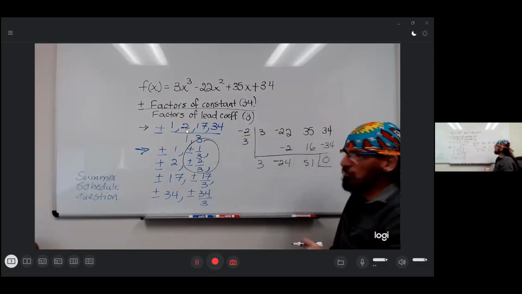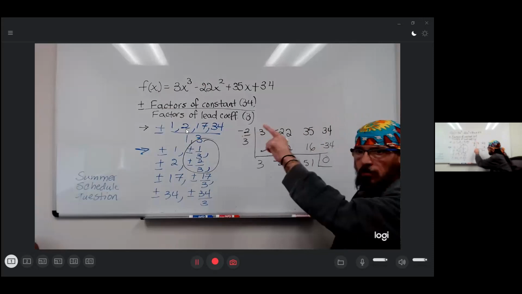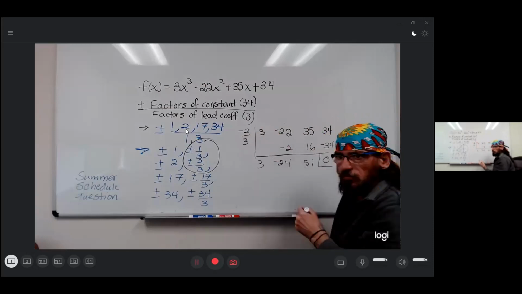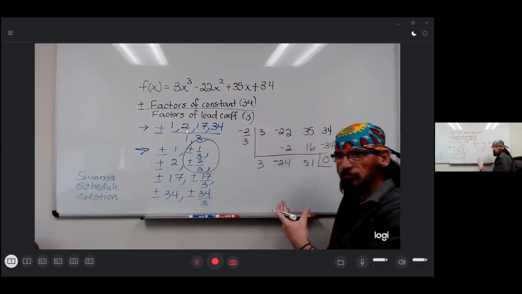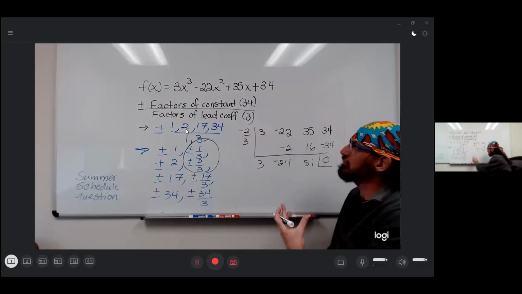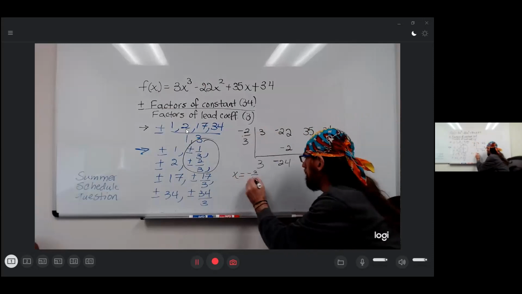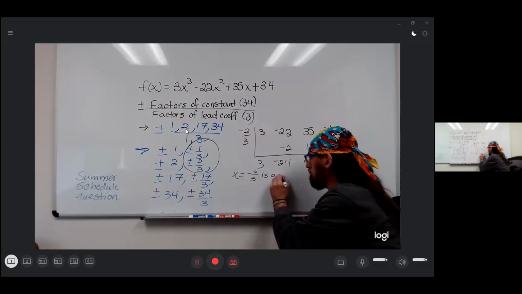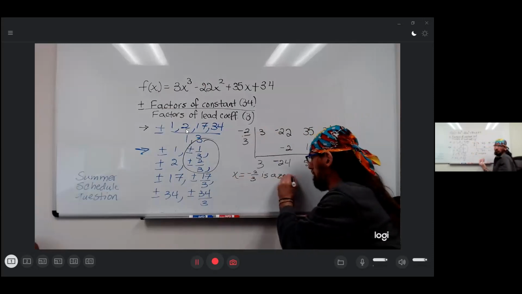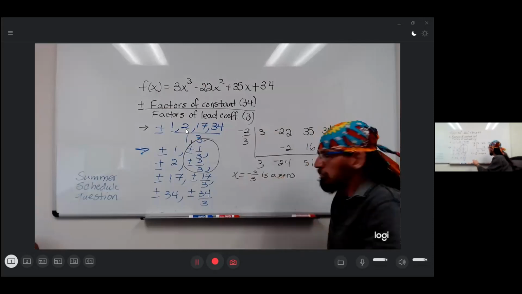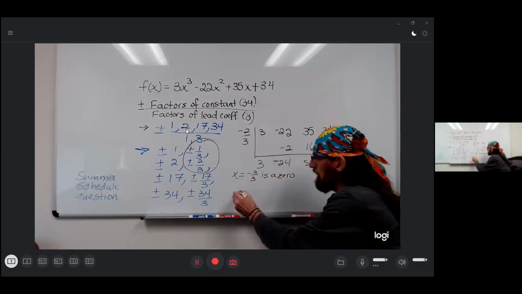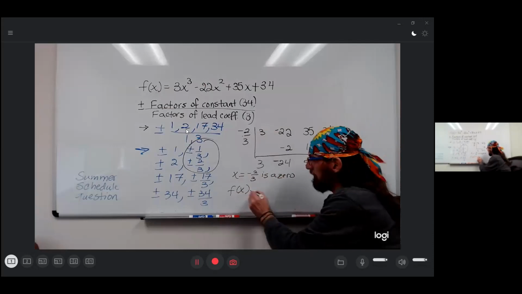So that tells me 2 things. Negative 2/3 is a rational 0, therefore a real 0, of this equation, of this polynomial function. And we're also getting x plus 2/3.